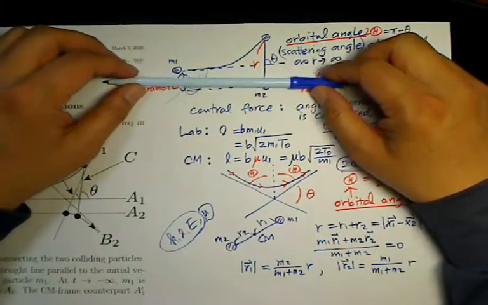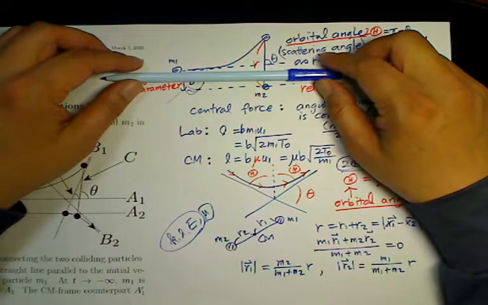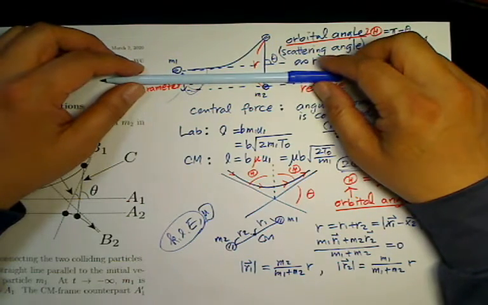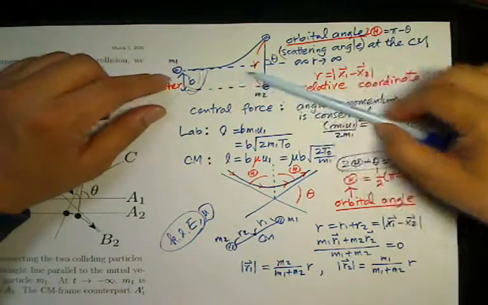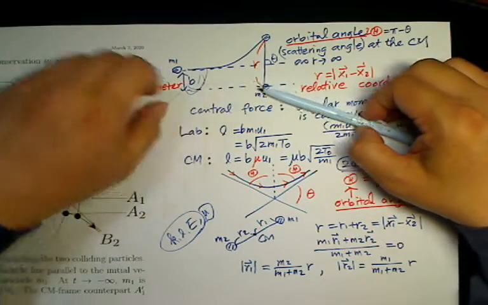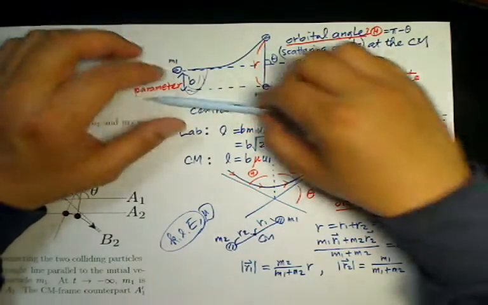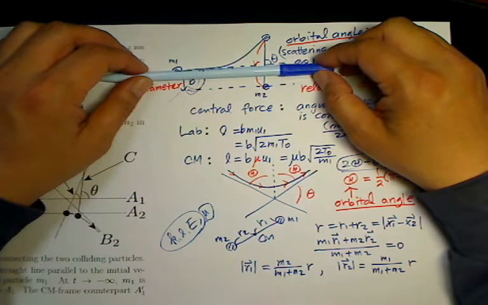If it is not a contact interaction, for example, 1 over r, the inverse square law, the two particles communicate with each other well before they actually meet together. Therefore, even though they are not on the line, the interaction happens.